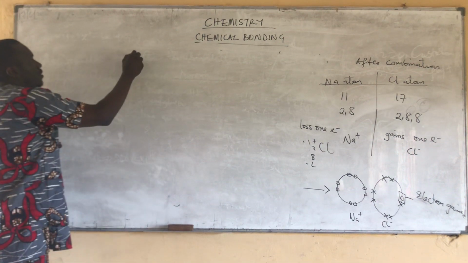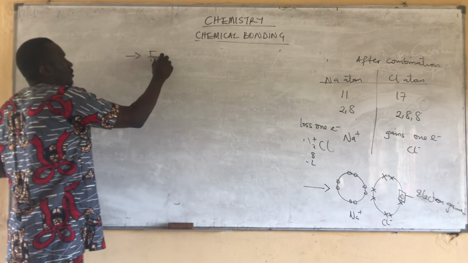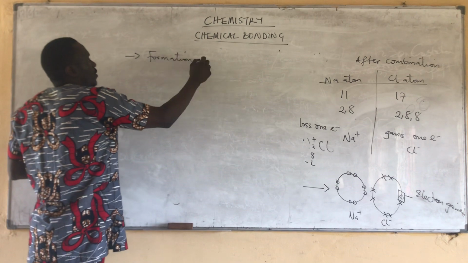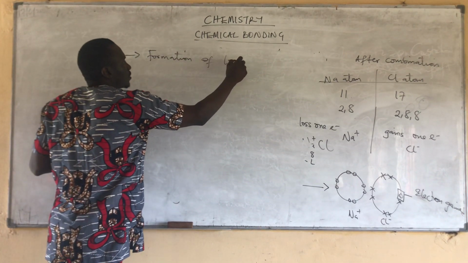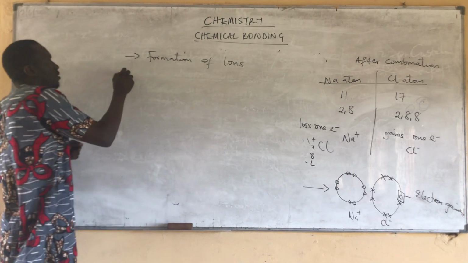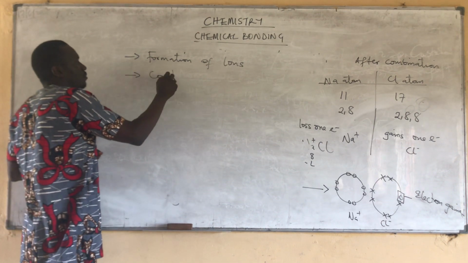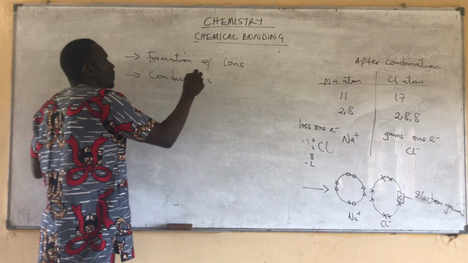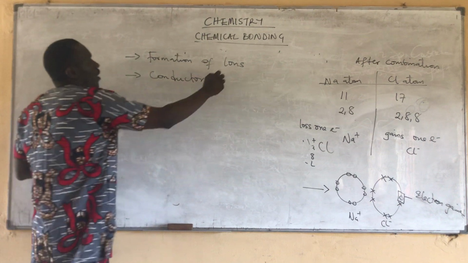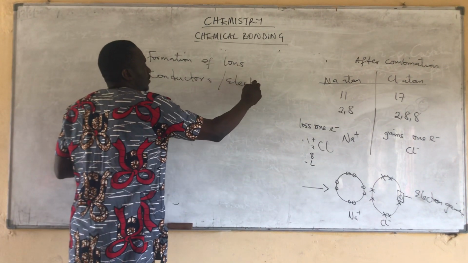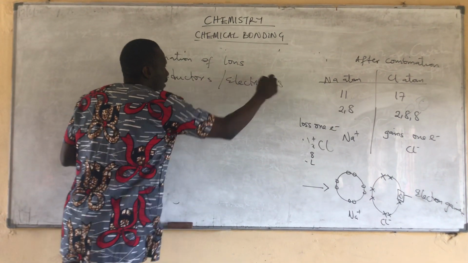Number 1, there will be formation of ions. They are conductors. Electrovalent compounds are conductors, which means they are also electrolytes.